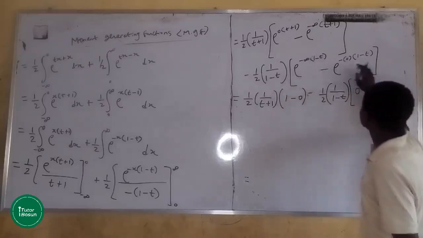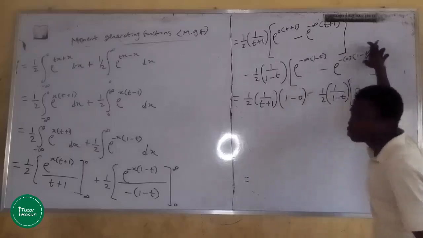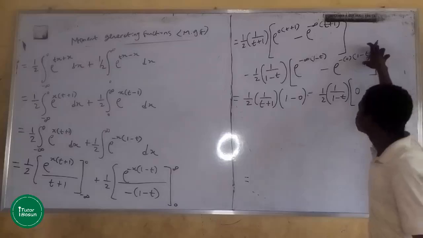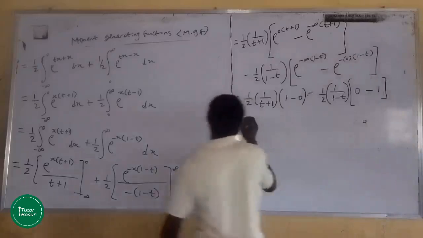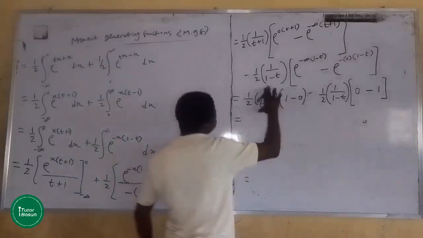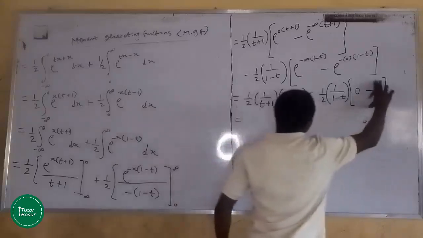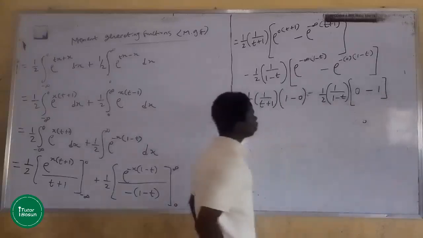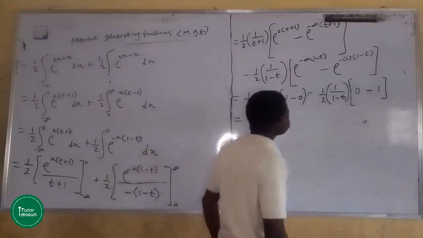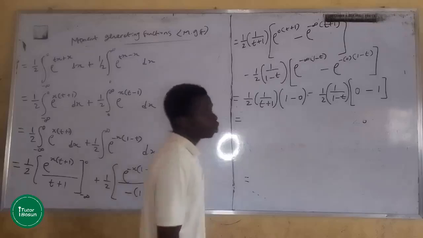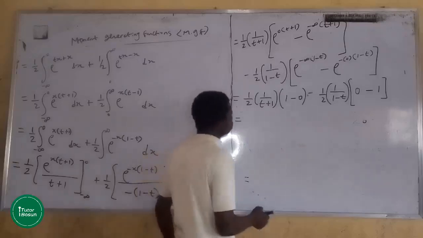This becomes 0 minus, everything here becomes 0. Exponential 0 will give us 1, minus 1 minus 1. So let's simplify everything. This becomes 1, so this remains. Everything here becomes minus 1. Minus 1 times minus becomes plus. Minus times minus becomes plus.